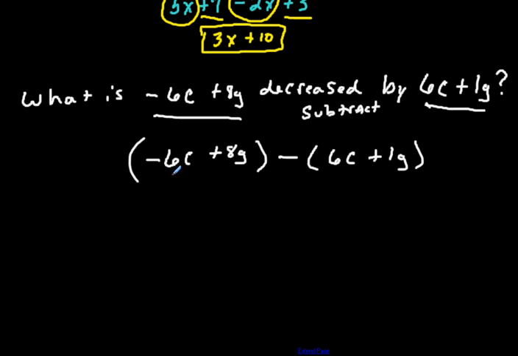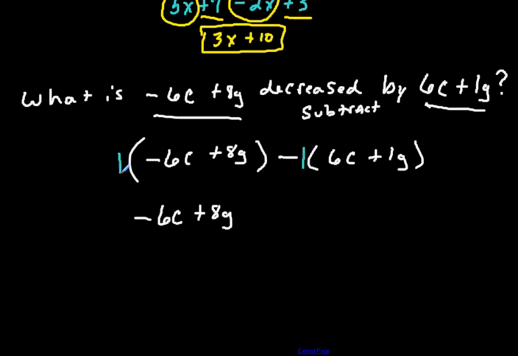Okay. Again, there is no sign out here, so we assume we're multiplying by a positive 1, which doesn't change any of the terms inside. So let's just bring it down. But here, for the negative, we assume there's a negative 1. I want to put it out there so you can see it: negative 1.